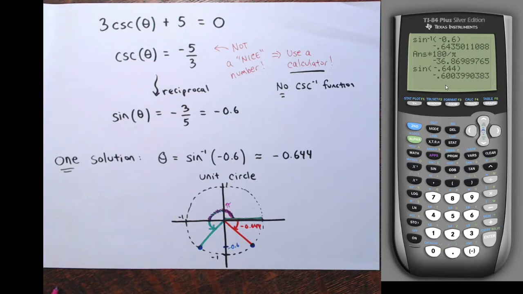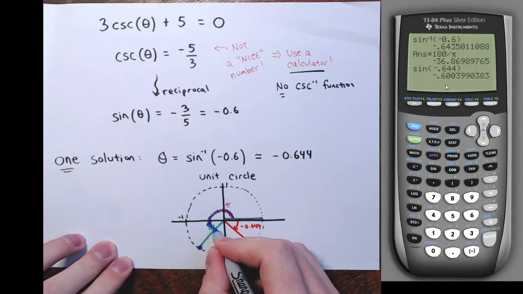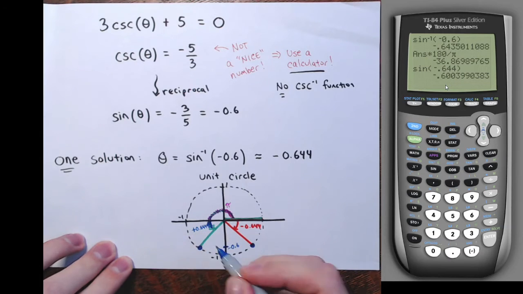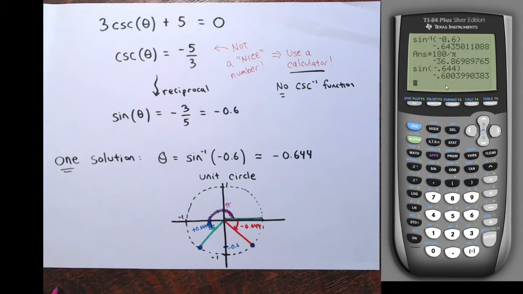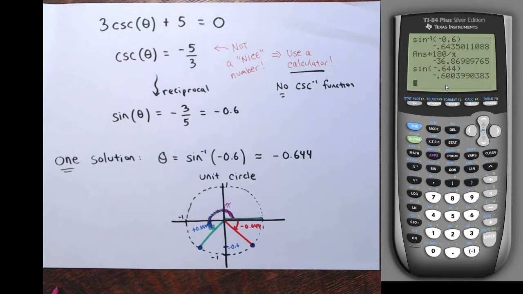So what's left, this measure would be positive 0.644 approximately. Or the opposite of this inverse sine.